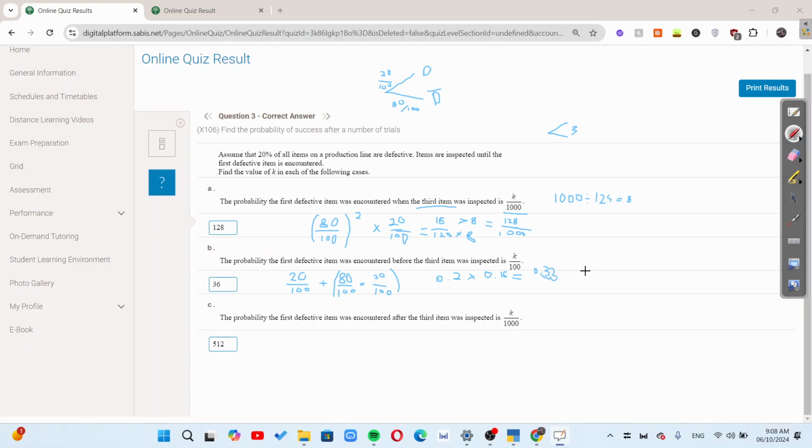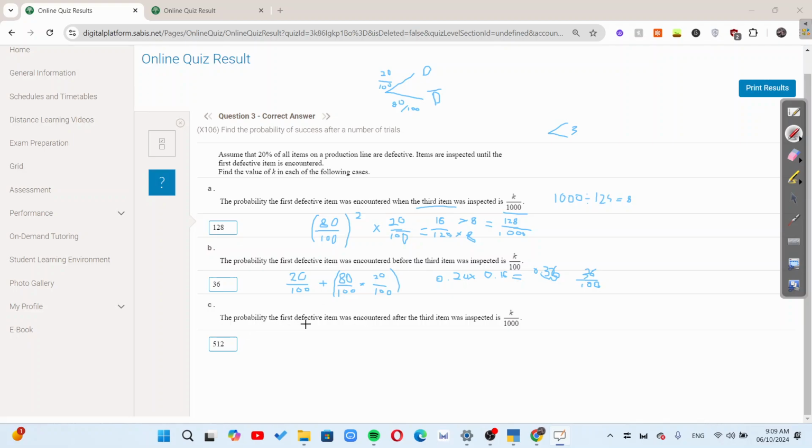So your answer is gonna be 32. Sorry, 36, 36. I don't know how I added that. 36 over 100. Because 0.2 is the same as 0.20, by the way, to make it easier to your eyes to see it. So 36 over 100.